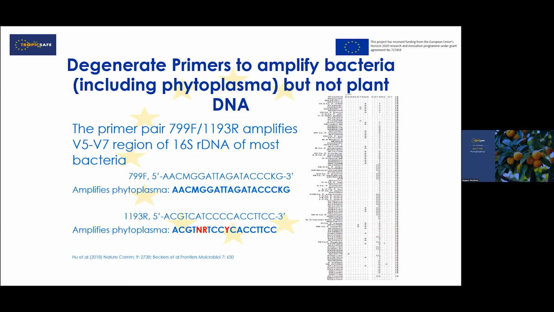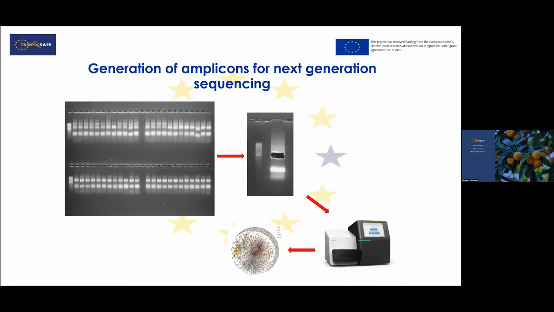That was the best we could do here, and then we tried this on different plant samples. I show you one example of an amplification of samples from different hosts, a mixture of citrus, palm and grapevine, as far as I remember.